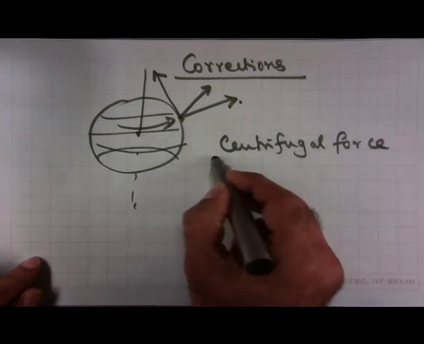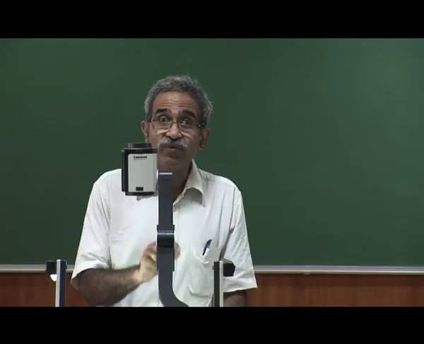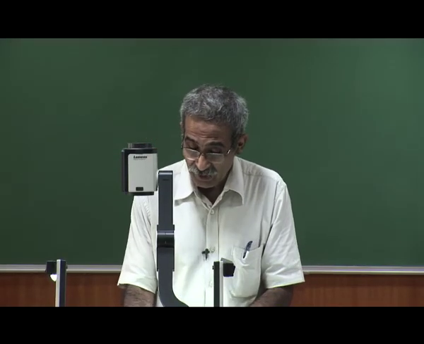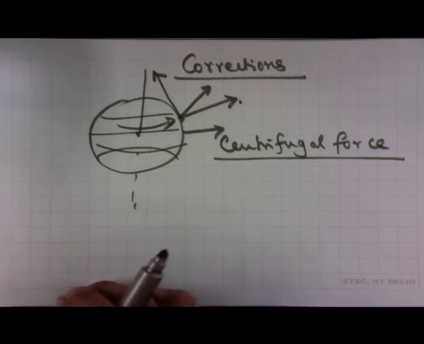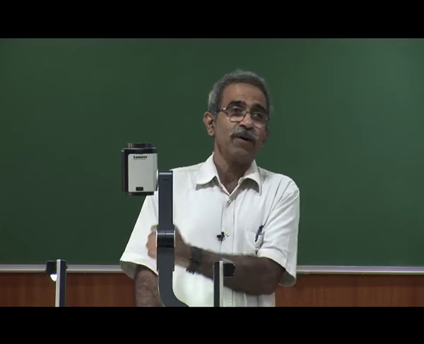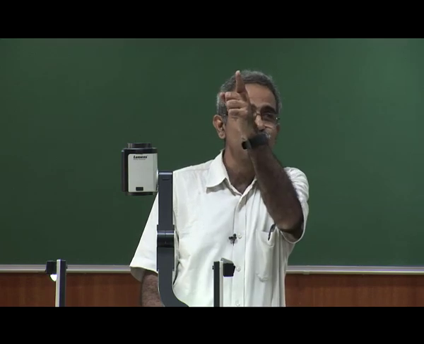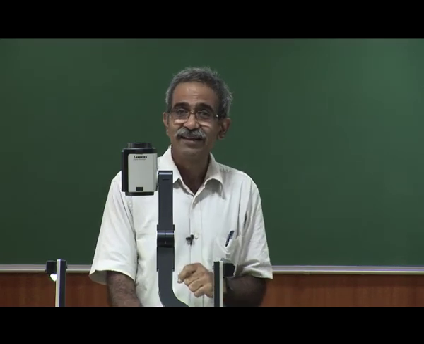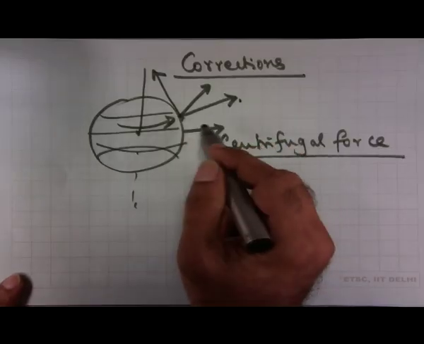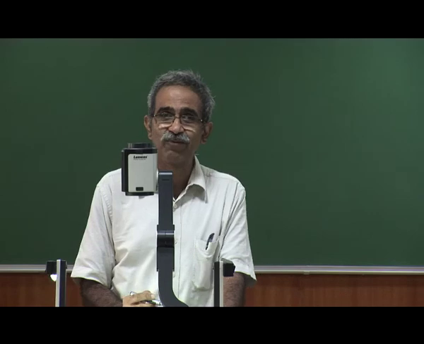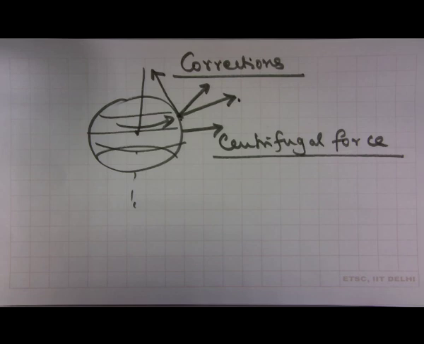I should be extraordinarily careful: there is a centrifugal force in the frame fixed to the earth, and centrifugal force is radially outwards. Because it is radially outwards, it is acting in a direction opposite to gravitation, and therefore depending on in which direction you shoot your body, the escape velocity is going to change. If I shoot it perpendicularly upwards, there will be the maximum decrease in the escape velocity. If I shoot it tangentially, then there is no decrease at all.